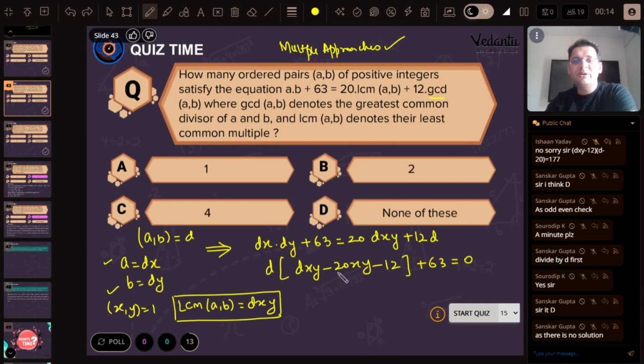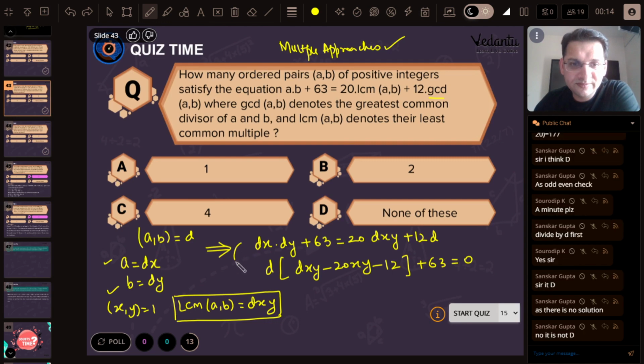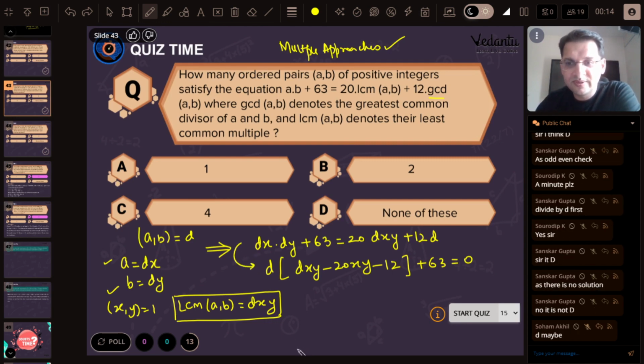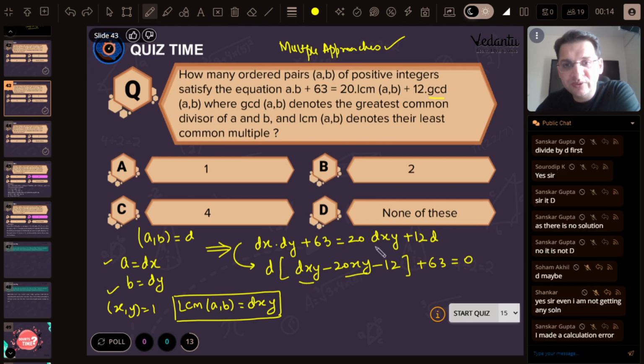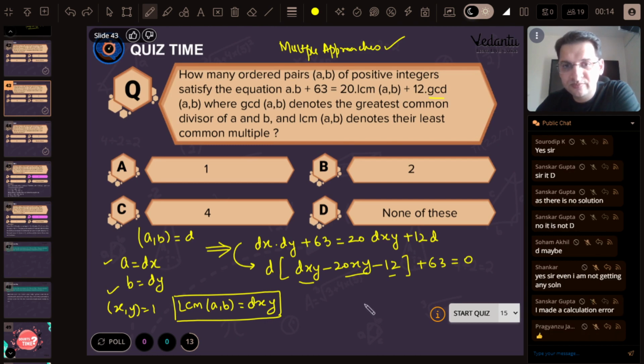So again, are we clear about this, guys, first of all? If we take d common, or maybe take everything to the other side, d times (20(x plus y) minus dxy plus 12) is equal to 63, isn't it?